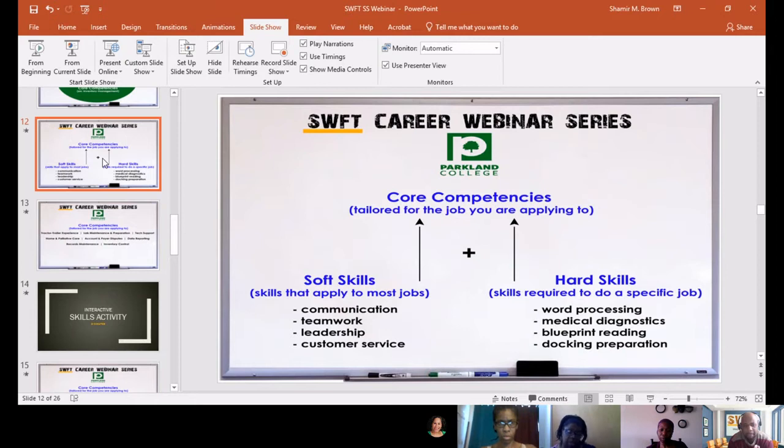What we put down right here, basically you want us to match with the hard skill as our core competencies? Well, you're kind of combining a soft and a hard skill. It may not be an exact merging, but you want to think about how your soft skill combines with your hard skills to create a core competency.